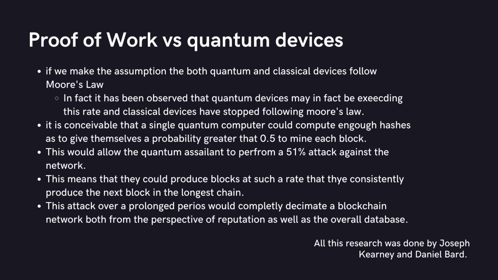When could this happen? The curators of the two papers below believe this could be 2047. However, according to IBM's timeline, in the next decade, we will have quantum devices that will be able to perform proof of work in some capacity. If the immutable history of the entire blockchain cannot be trusted, this would destroy the trust in the blockchain and make it essentially worthless. That's the end of part 2.